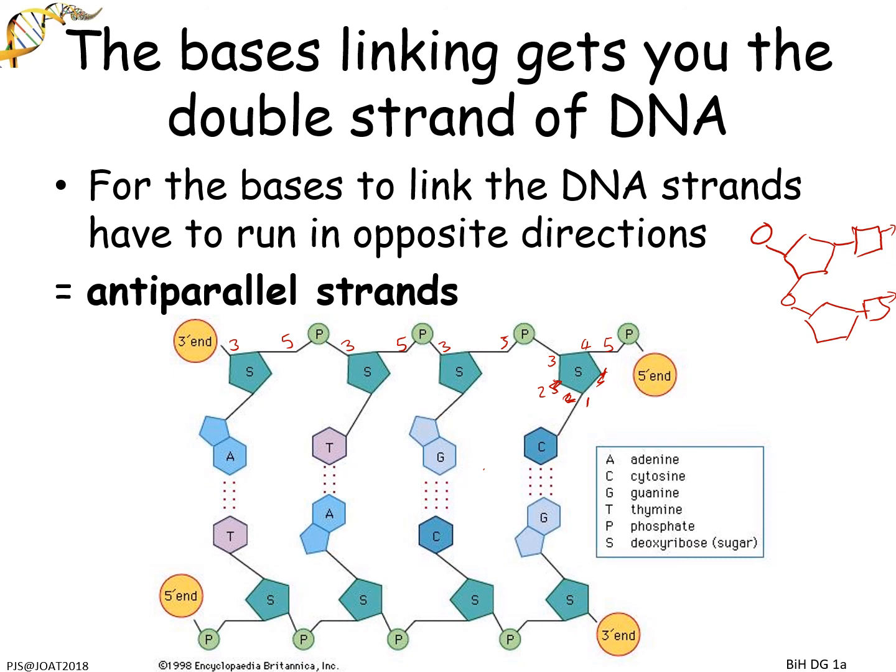So what I need to do is flip it upside down, as it were. So now I've got a 5 here. So there's my 1, 2, 3, 4, 5. So there's my 3, there's my 5, there's my 3, there's my 5, there's my 3, there's my 5, and I'm now at my 3. So this is the 3' end, here's your 5, here is a 3, here is a 5. You have anti-parallel strands.